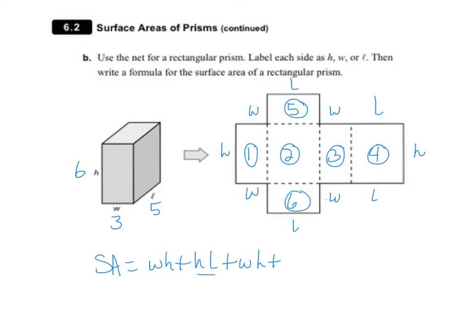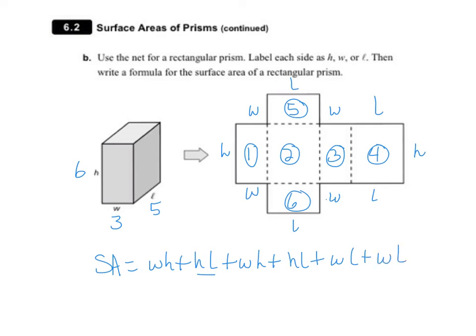That's how I have it down here, so that's how I'm going to write it again. And then our number 5 box is width times length, and our number 6 box is width times length.